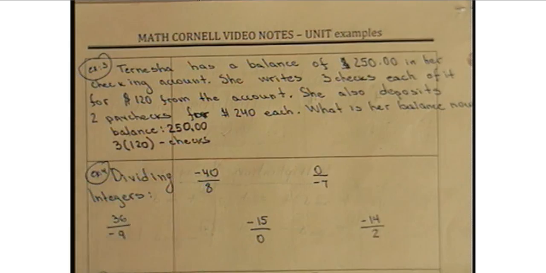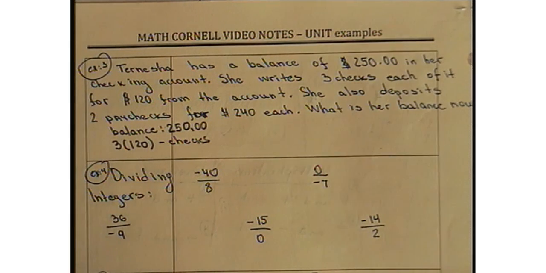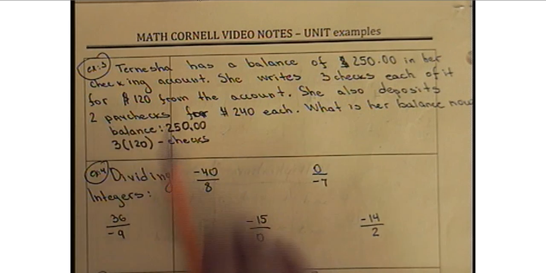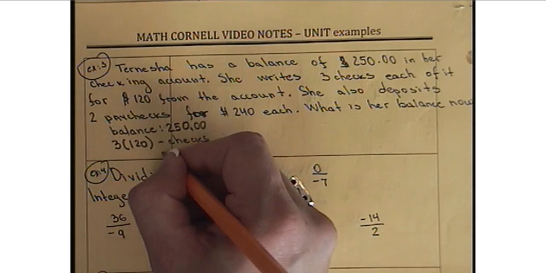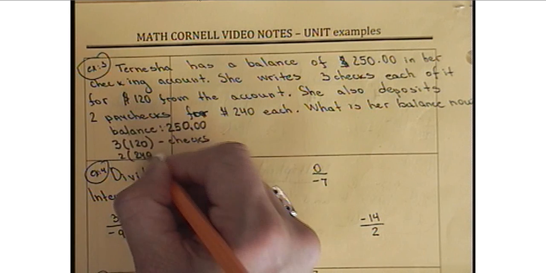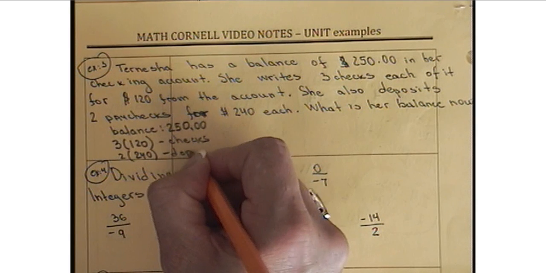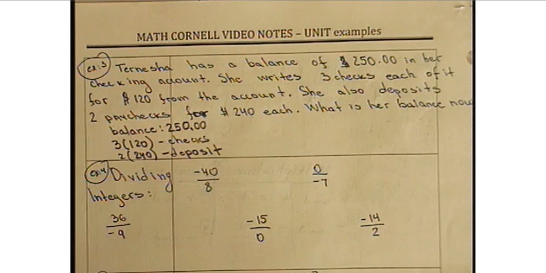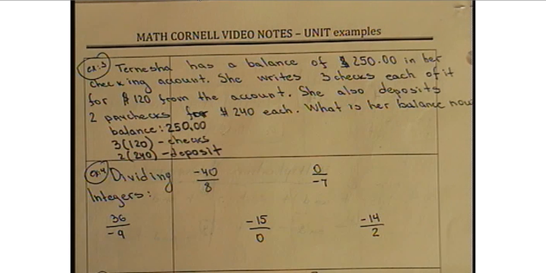She had to write them in order to pay something. And then she deposited another 2 paychecks. So 2 paychecks of 240, and that is a deposit. When you deposit money, that means you're adding money to your account. You're not taking away, the money is going into your account.